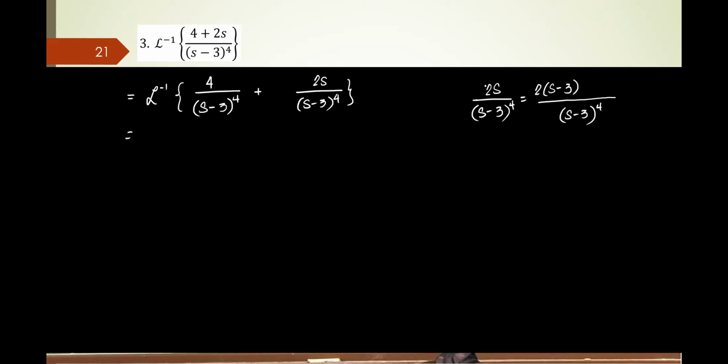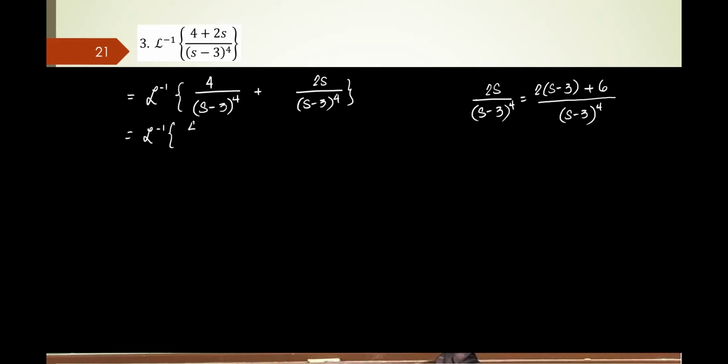two times s is 2s. That's correct. 2 times negative 3 is minus 6. I am the one who supplied it. Therefore, I need to remove the effect. Why I did this one is so that I would have an s minus 3. So I'm forcing it to have an s minus 3.